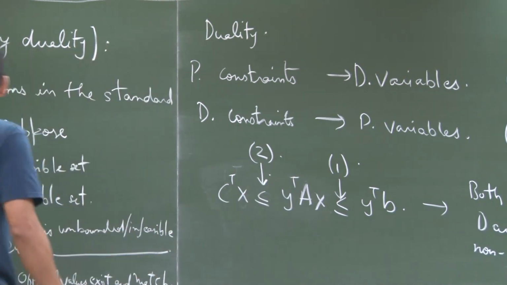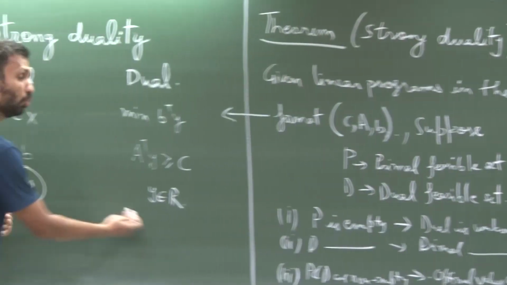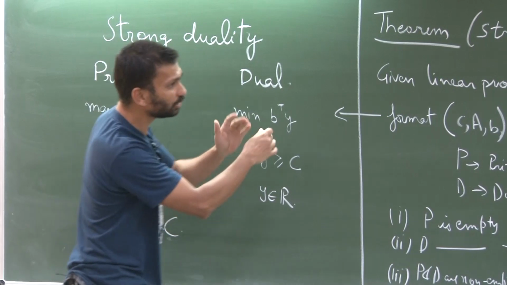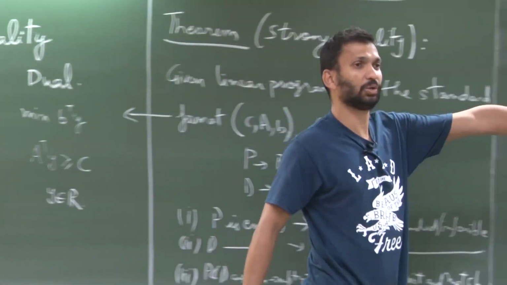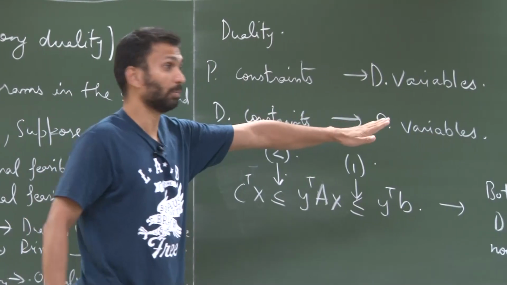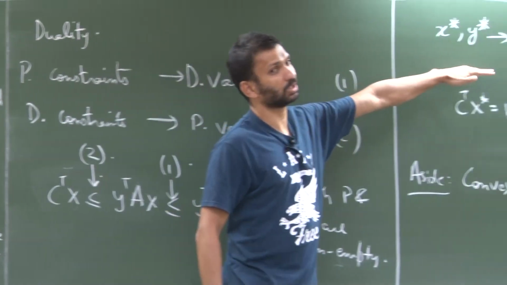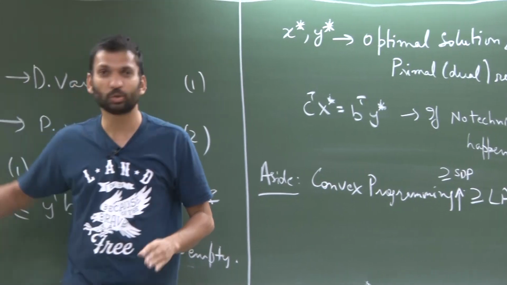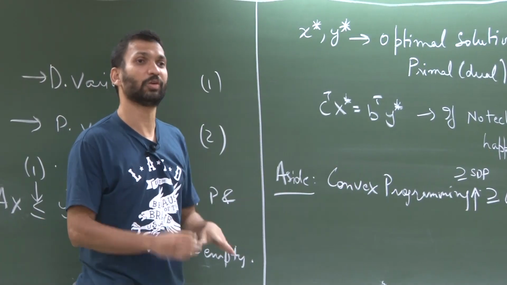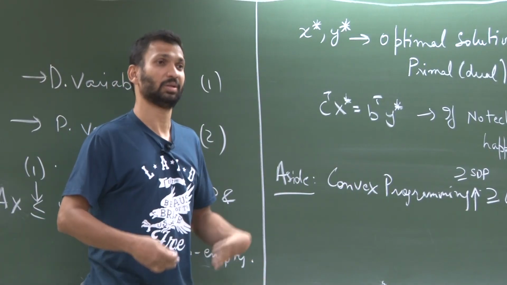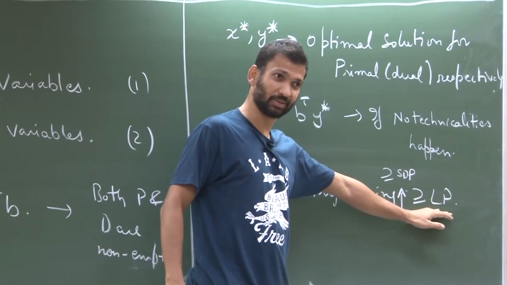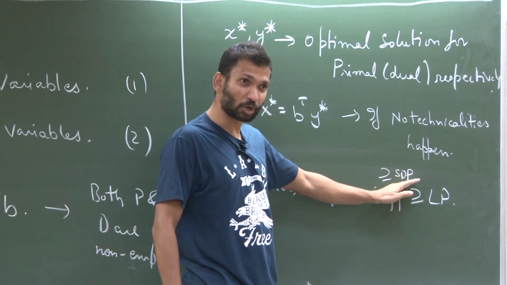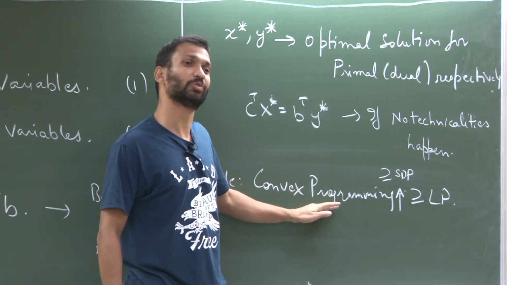Similarly you can define this idea of dual cones, and this entire duality theory can be extended to convex programming. But then strong duality does not come for free. Weak duality, the duality theory, works out. Strong duality, you have to be careful. Here it is automatic, here it is almost automatic, here you have to work for it.